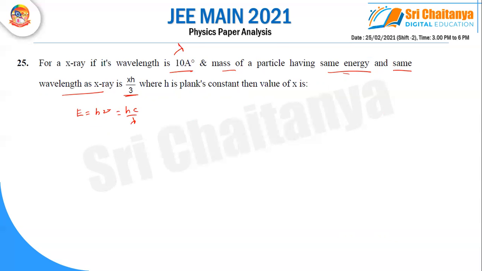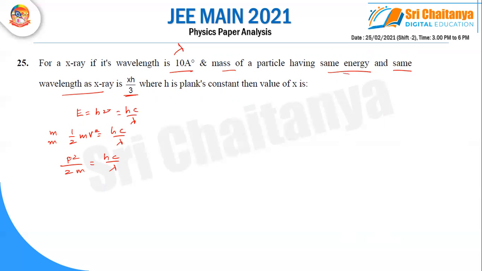Okay, so this hc by lambda, I will be considering as the kinetic energy. In fact, I'll be considering half mv square is equal to hc by lambda. When I divide and multiply with this, I will be getting p square by 2m is equal to hc by lambda.